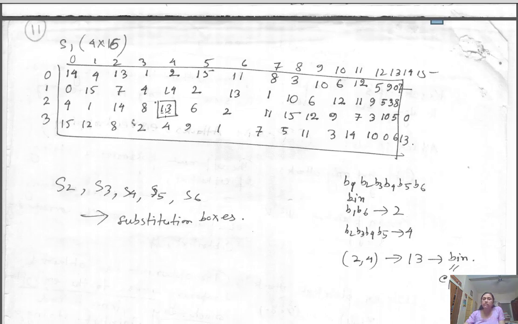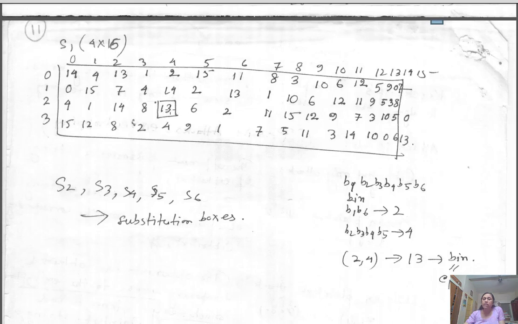It will use this substitution 13, and the corresponding binary representation of 13. So from the 6 bits, you identify that your first bit and last bit correspond to which row, and the middle 4 bits correspond to which column. You identify that, and that cell value you consider.